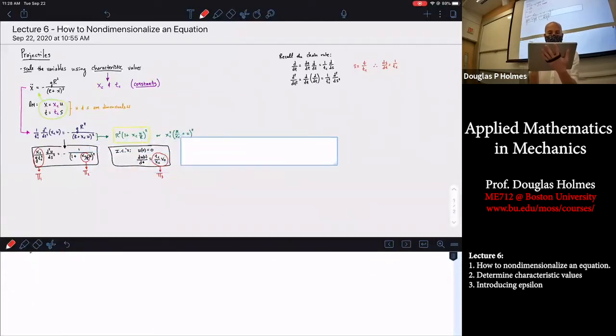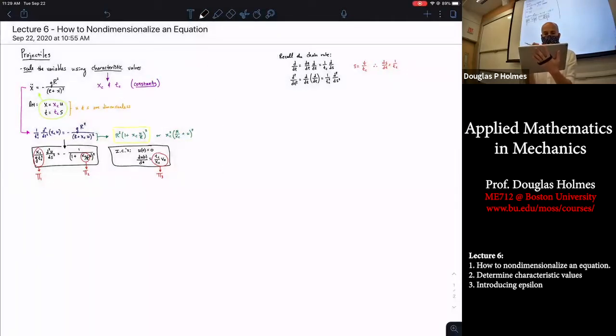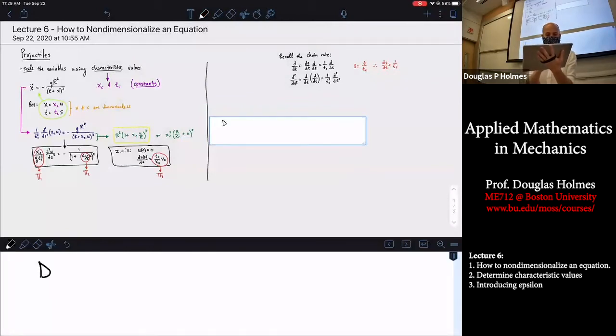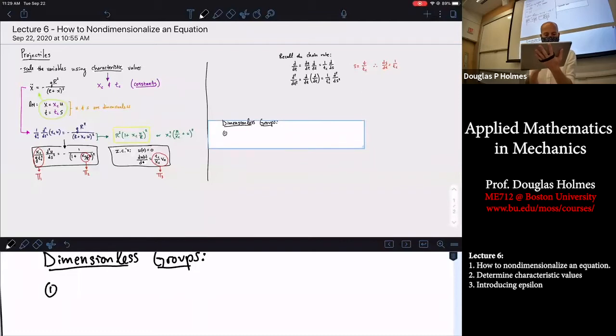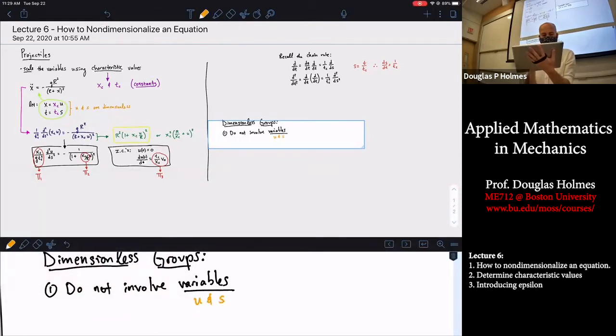So I'm going to write these things down, actually. For one, they don't involve variables, they only involve parameters.